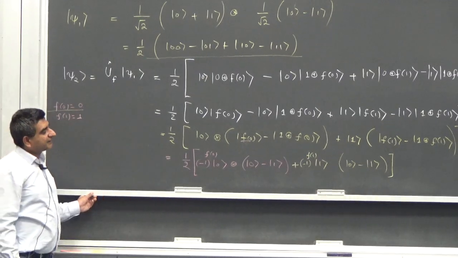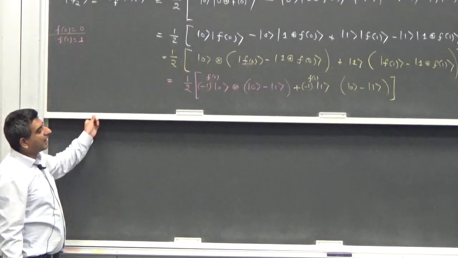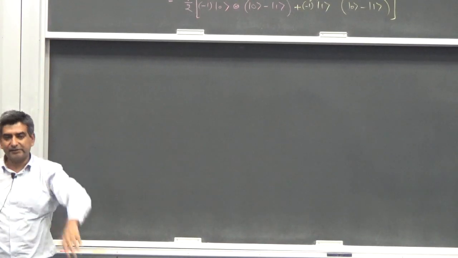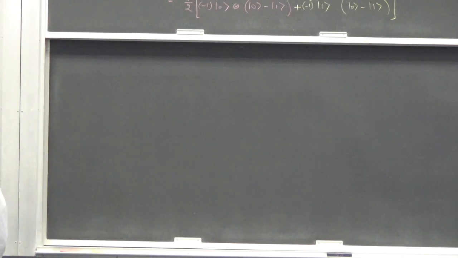Now, what is your guess? How would I like to do a measurement? How would I like to tell whether my output is balanced, or is it constant, biased? Any guesses?